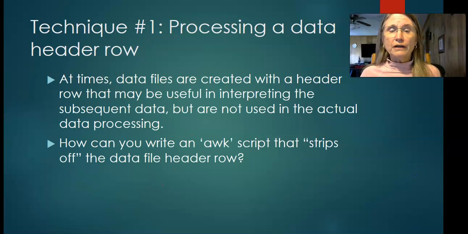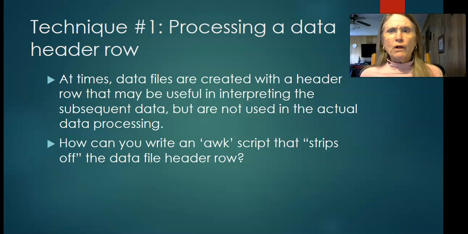So let's look at one technique that you might find useful when you are putting together an AWK script. There are times when data files are created with a header row. That's usually a defining row. It has informational headings for each of the corresponding records that are in the file.